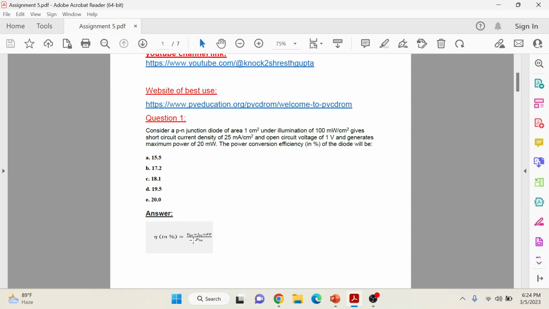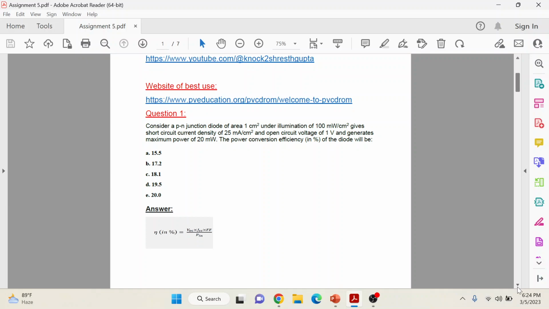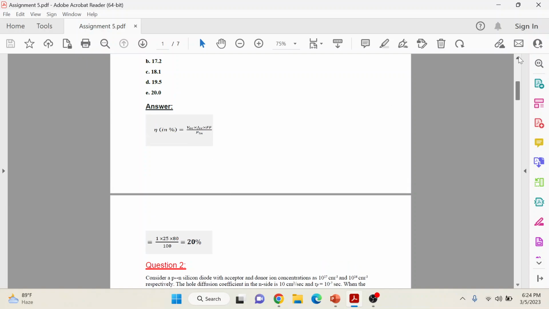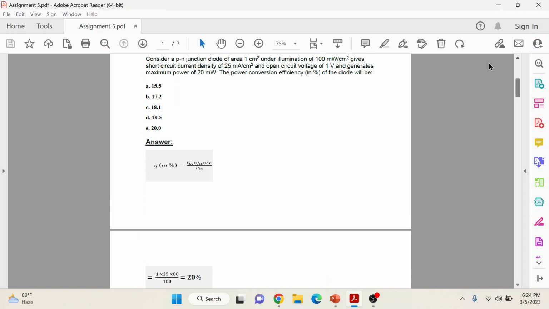Good, very good. Exactly. If you see, 1 times 25, the fill factor will be 80, and Pin, as you said, we have calculated by multiplying them, so the answer will be E, 20%. I don't think there is anything to explain here, right, Melee? Yes, sir. But sir, there are two steps.